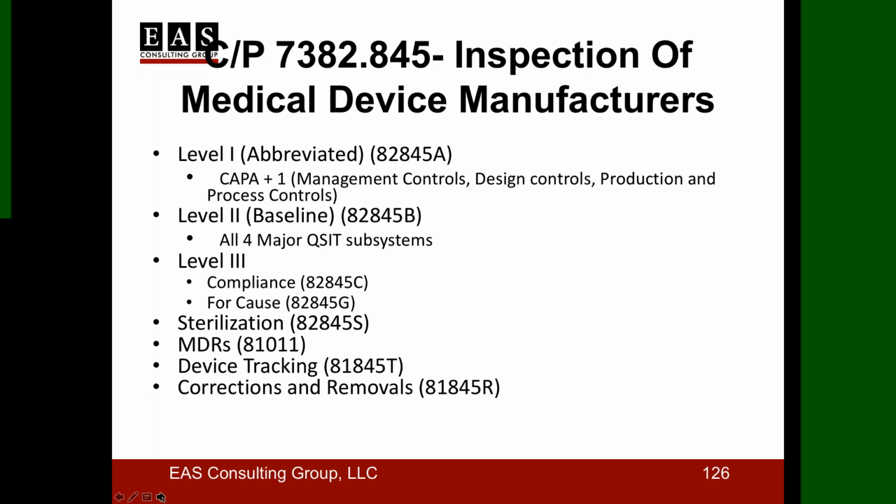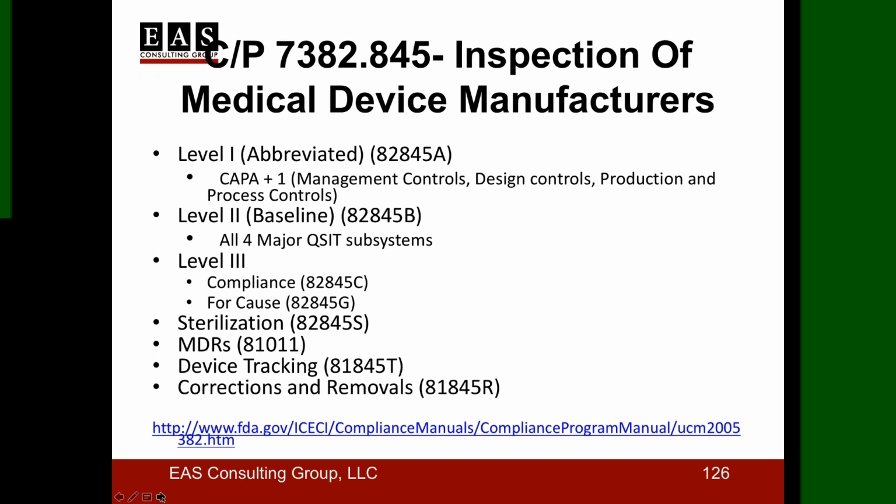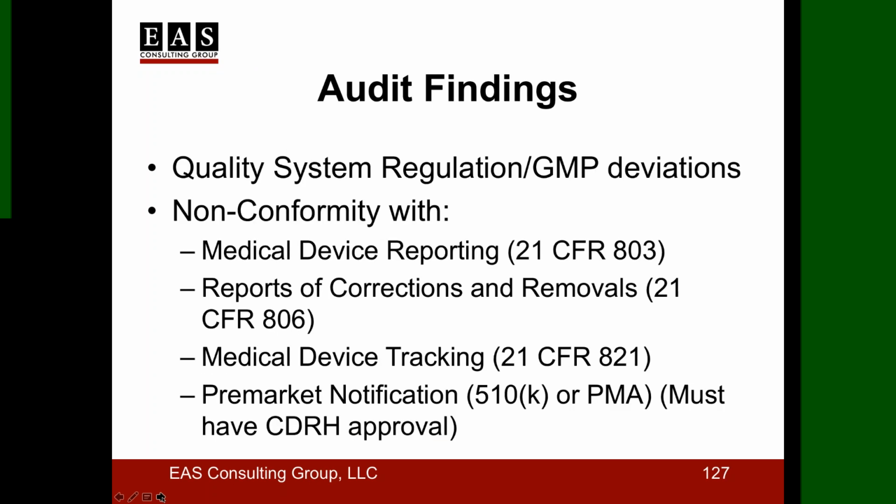And again, there are different types there. These different codes are internal for FDA. Companies don't have to worry about that. But if you want to read more about that, there's compliance program information.